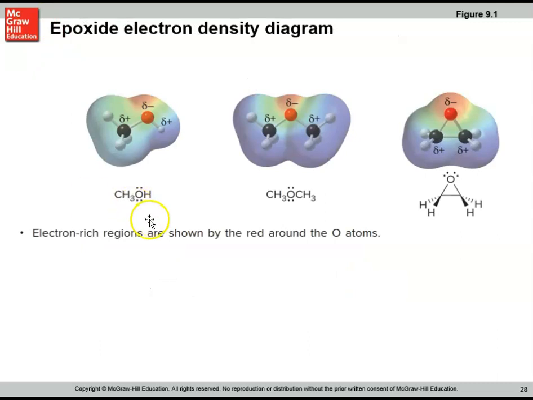You can see the difference between alcohol, the condensed nature of that negative charge in alcohol, versus the ether, versus the epoxide. So you can see this is a darker, deeper red, and it is enriched in there, which provides a high energy potential for epoxides.